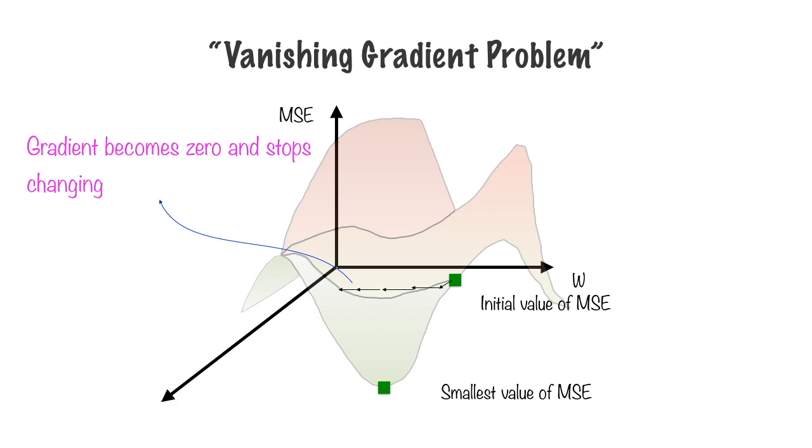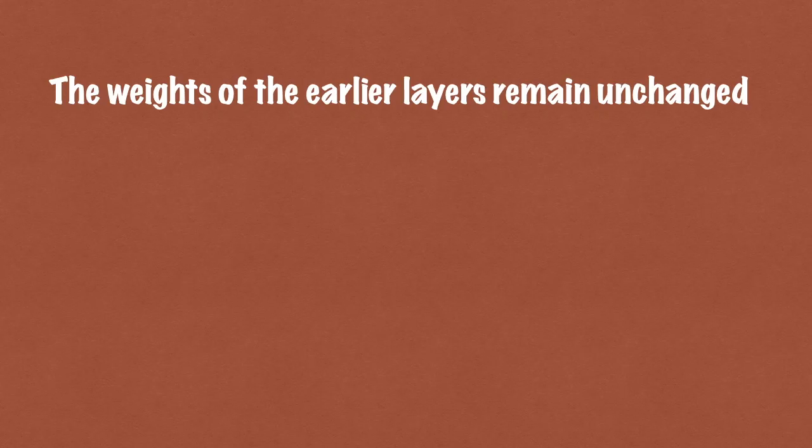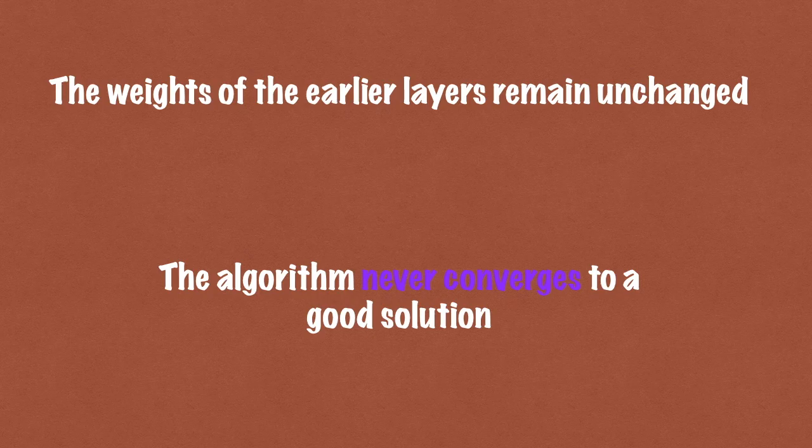This is the vanishing gradient problem. When your gradients do not change, you have no delta in order to tweak the weights and biases of the layers. The weights of the earlier layers remain unchanged, and your algorithm never converges to a good solution.